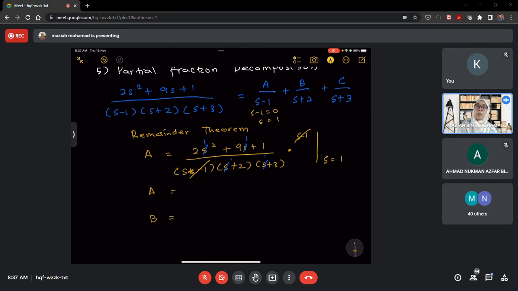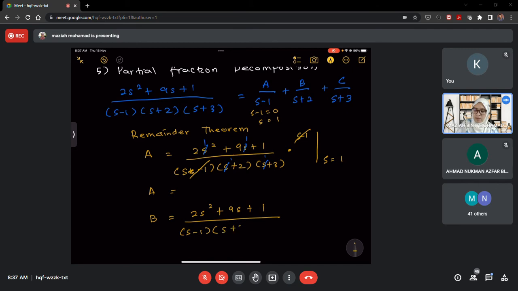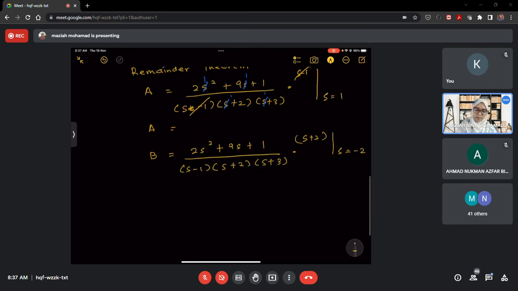B equal to 2s squared plus 9s plus 1 divided by s minus 1, s plus 2, s plus 3, multiplied with s plus 2, where we consider s equal to minus 2. Okay, so you get B.